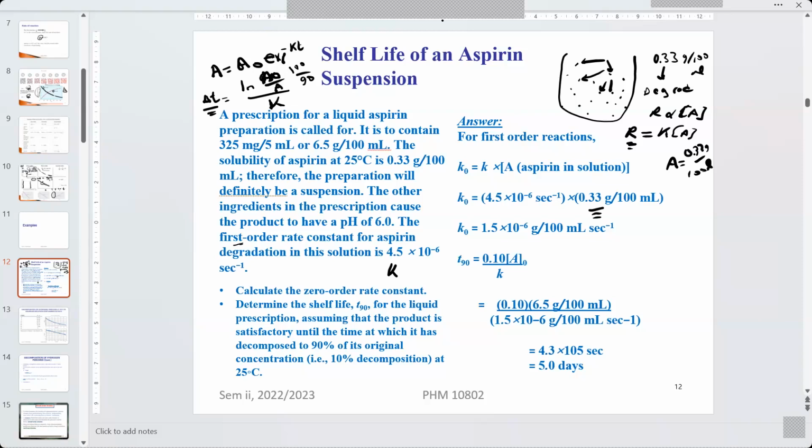So the reaction rate is 4.5 times 10 to the power negative 6, that is K, times the concentration A, which is the solubility limit. That will not change because we have a lot of depot in suspension form that will replace the degraded amount. So this is the reaction rate, and the unit here is gram per 100 ml per second.